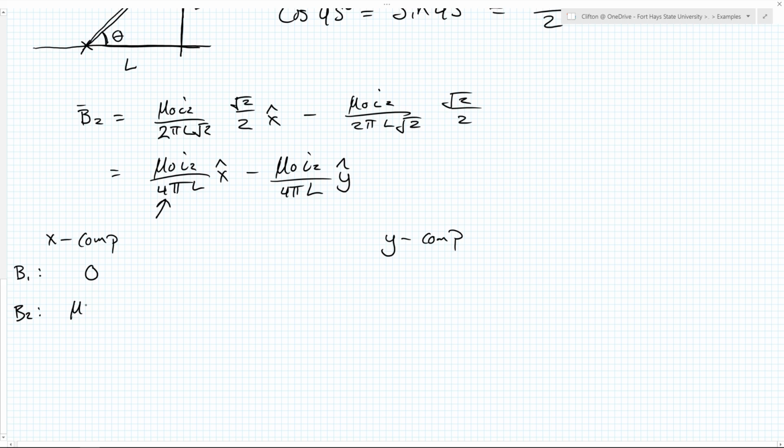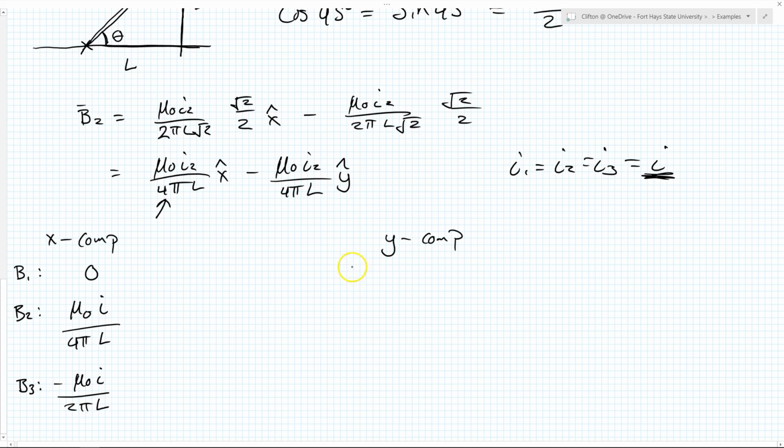Now we are told, which I haven't used yet, but I'll do it now just so that it'll simplify things when we add these together, that I1 is equal to I2 is equal to I3, which is equal to I. So all of the currents we can just write as lowercase I. So this is going to be mu naught I over 4 pi L. And then current 3 has a negative x component. And again, I'm going to replace I3 with I. So there's the x components.